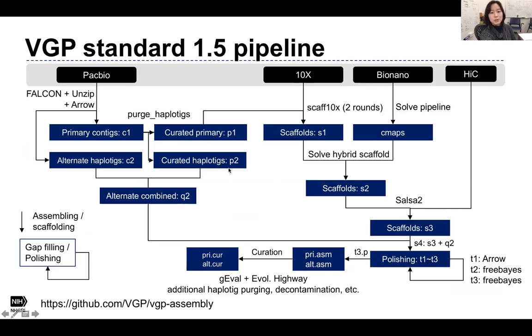The purged haplotigs will go as P2 and will get combined with the C2 for later purposes. We only use the curated primary contigs for further scaffolding, so we are not confused by the other haplotypic sequences.